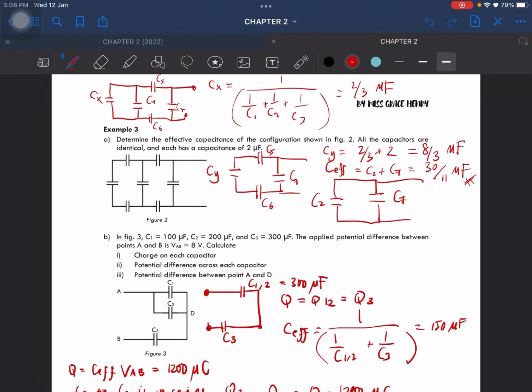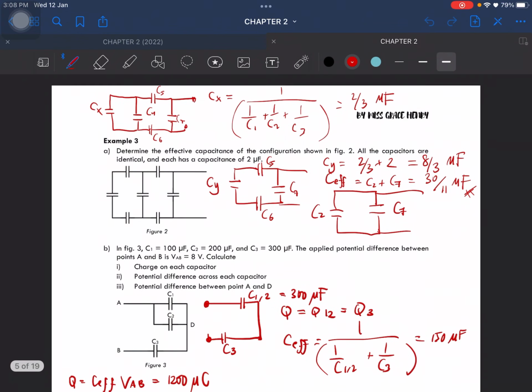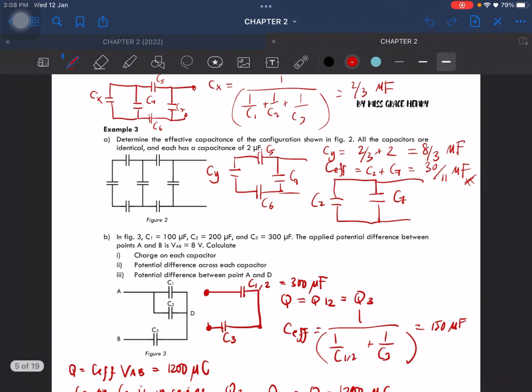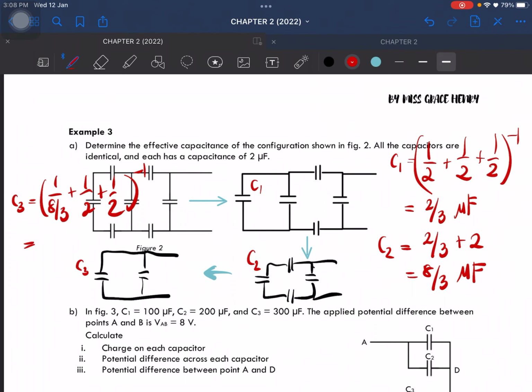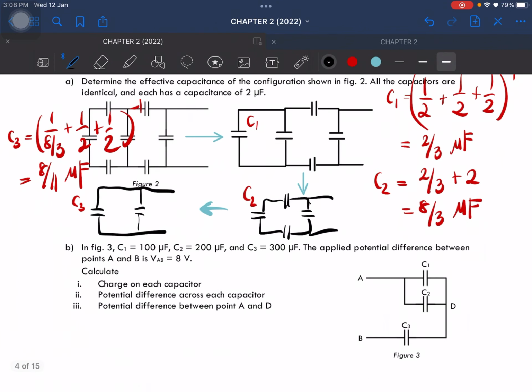I am too lazy to recalculate that, I'm just going to calculate it again. So 1 over 8 over 3 plus 1 over 2 plus 1 over 2, 1 over that thing. You should get 8 over 11 microfarad.